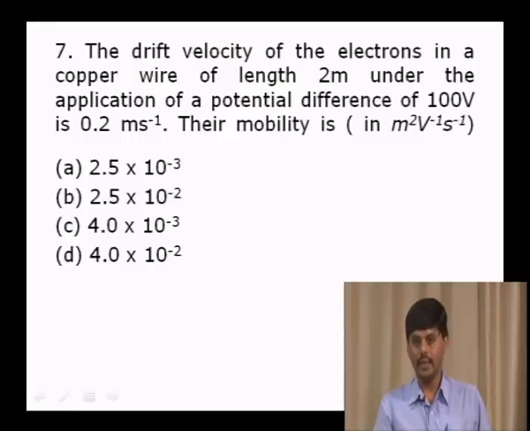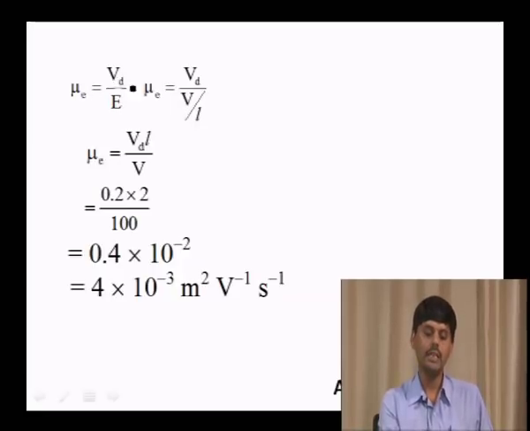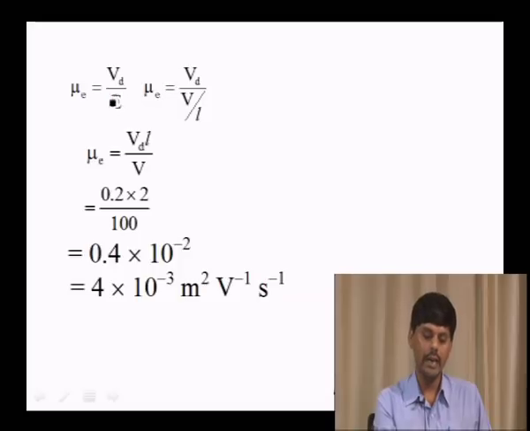For the solution, we have a relation: mobility is drift velocity per unit electric field. This can be rearranged, as the electric field can be written as V by L. So L is shifted up: Vd into L divided by V, where Vd is the drift velocity, L is the length, and V is the voltage.